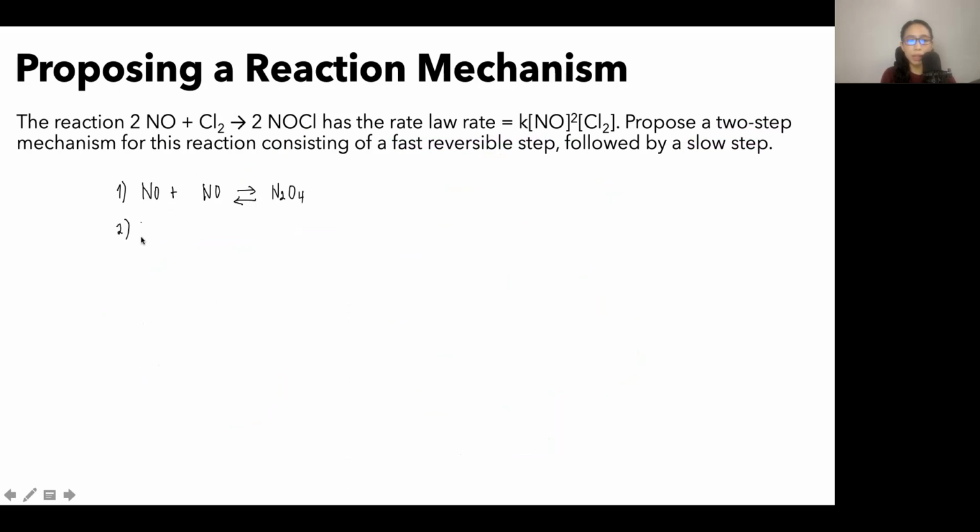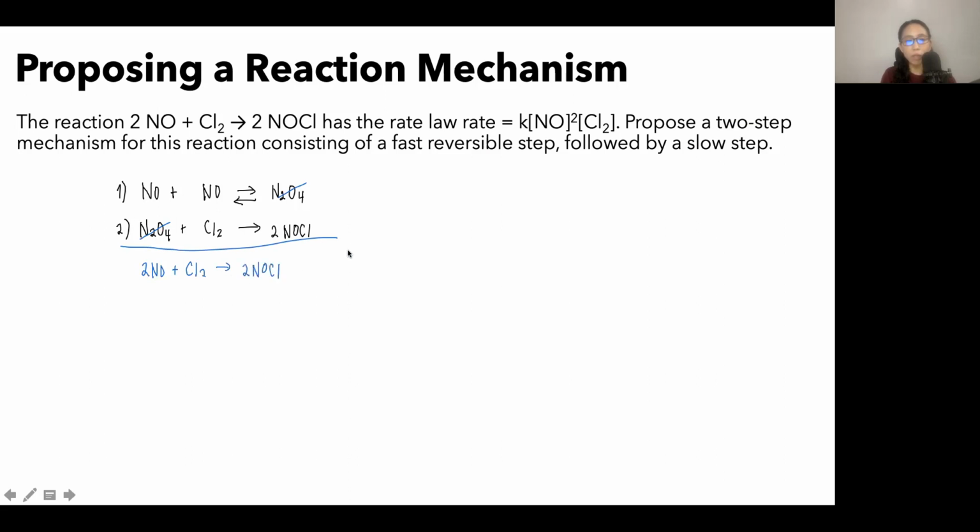And then the second step will be your intermediate N2O4 colliding with Cl2, forming two molecules of NOCl. Adding the two steps will give us the overall reaction. So in this aspect, our reaction mechanism is acceptable.